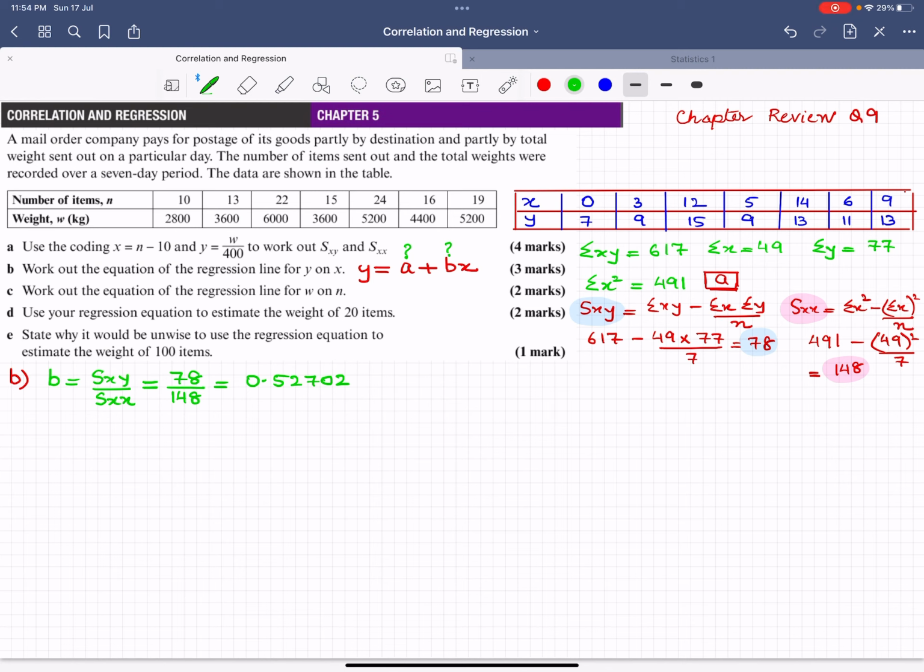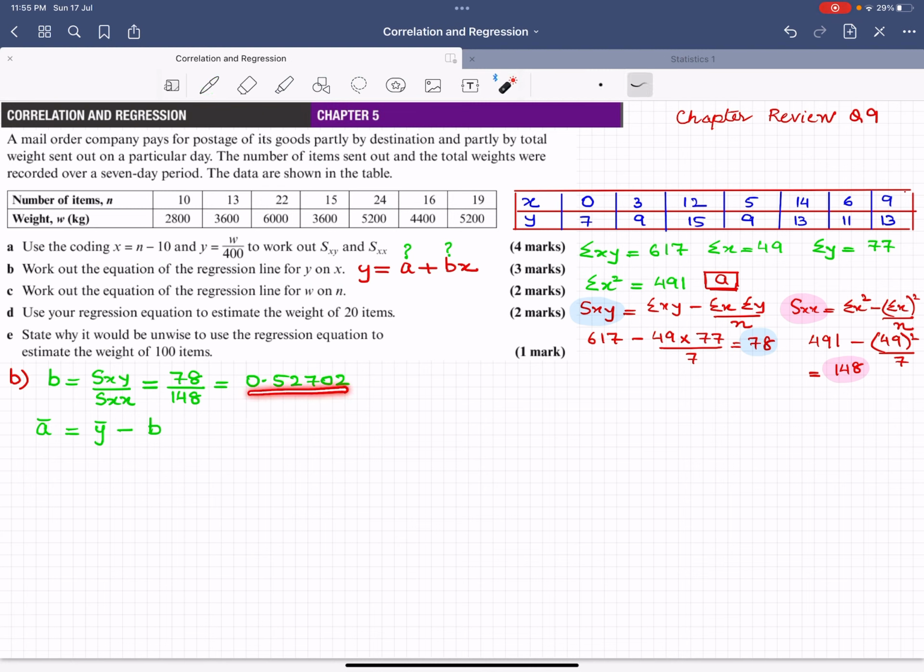Now we know that we need to find the value of a also for the equation of the regression line. For that we need to make a the subject of the formula, and we can do that by taking the term bx to the other side. So we have a is equal to y bar minus b x bar. So average value of a is equal to average value of y minus b, which we just found in this part here.